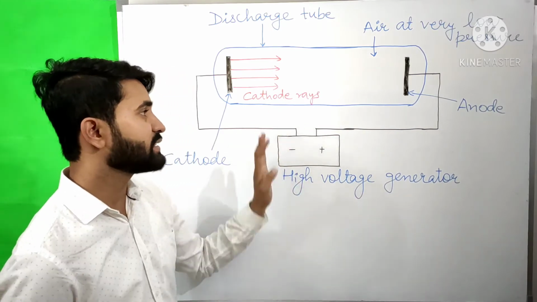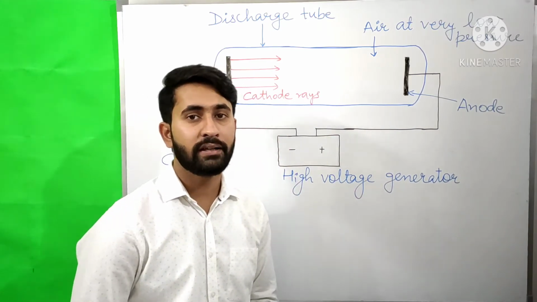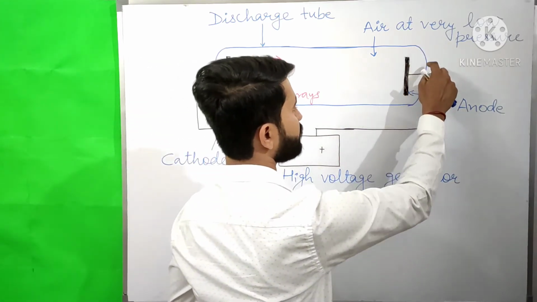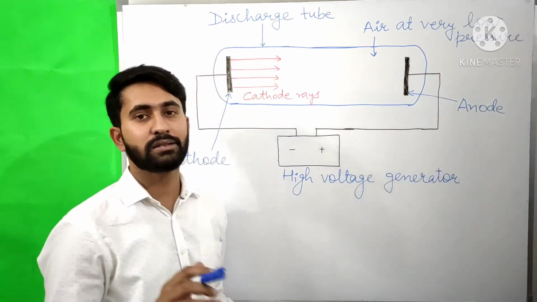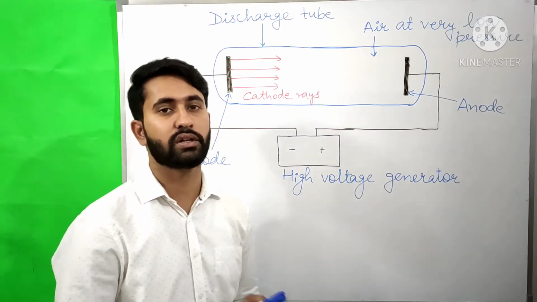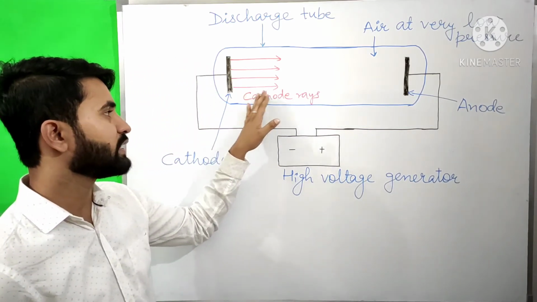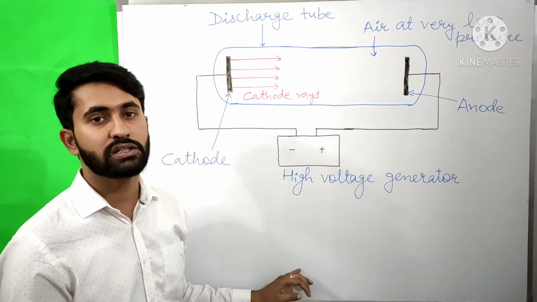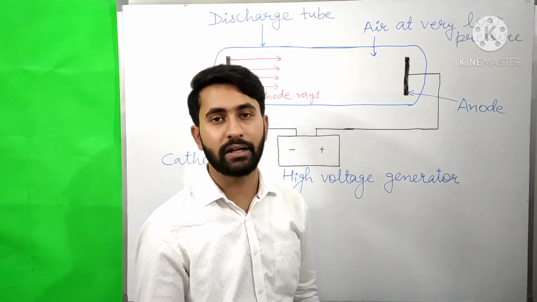Now these rays cannot be seen normally. For viewing them, the back side of the anode is painted with phosphorus. So whenever these rays fall on that painted part, the phosphorus will glow or emit light.